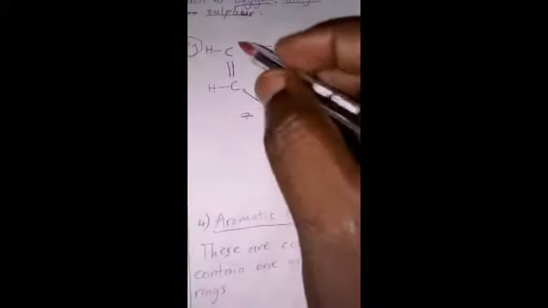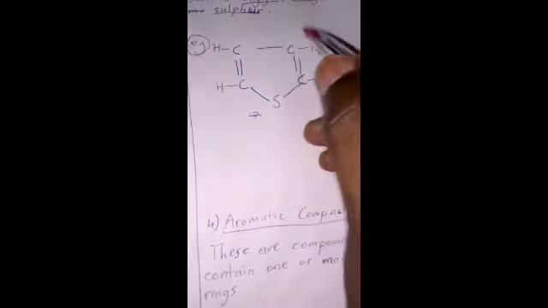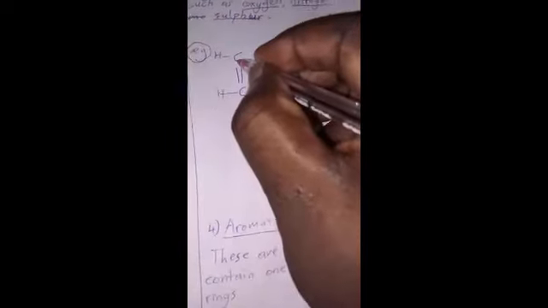So now let's emphasize on this example given here. We are having this closed ring: carbon, carbon, carbon, carbon, and here is sulfur.